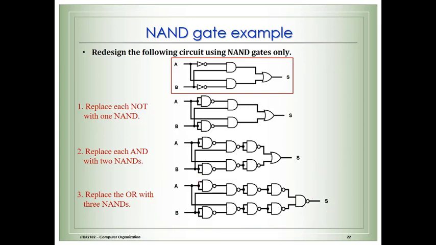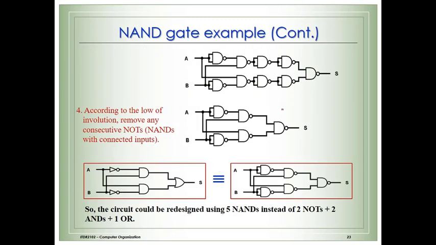Now we can go and further simplify by using Boolean identity, according to law of involution, which says that 2 times NOT will be reduced to the original operand, right? So according to law of involution, remove any consecutive NOTs, NANDs with connected input. So here we have two NANDs.